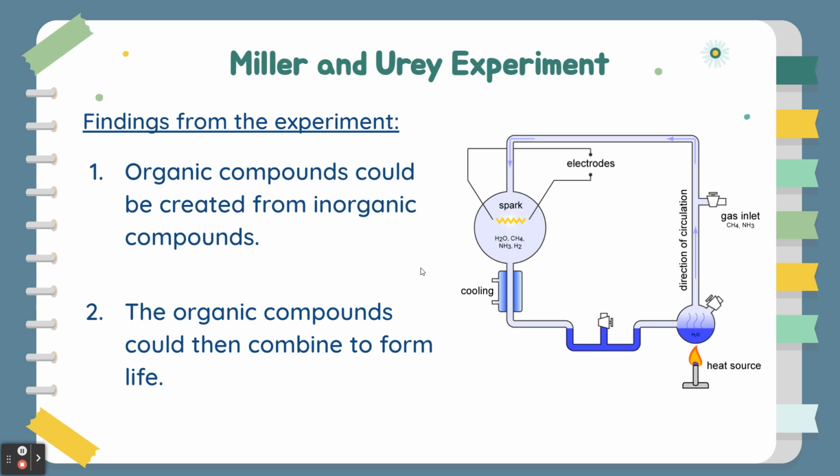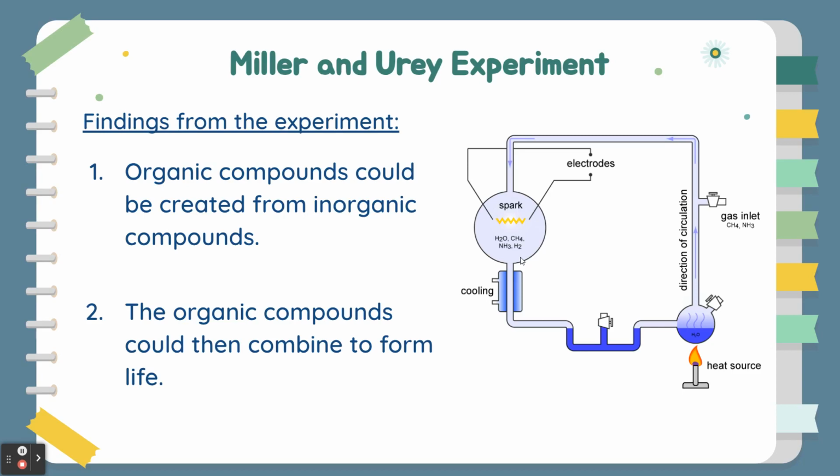This provided insight into the origin of life. During the experiment, here's the contraption they built. Miller and Urey introduced gases such as methane and ammonia into a chamber and subjected them to electrical sparks, which was supposed to simulate lightning.